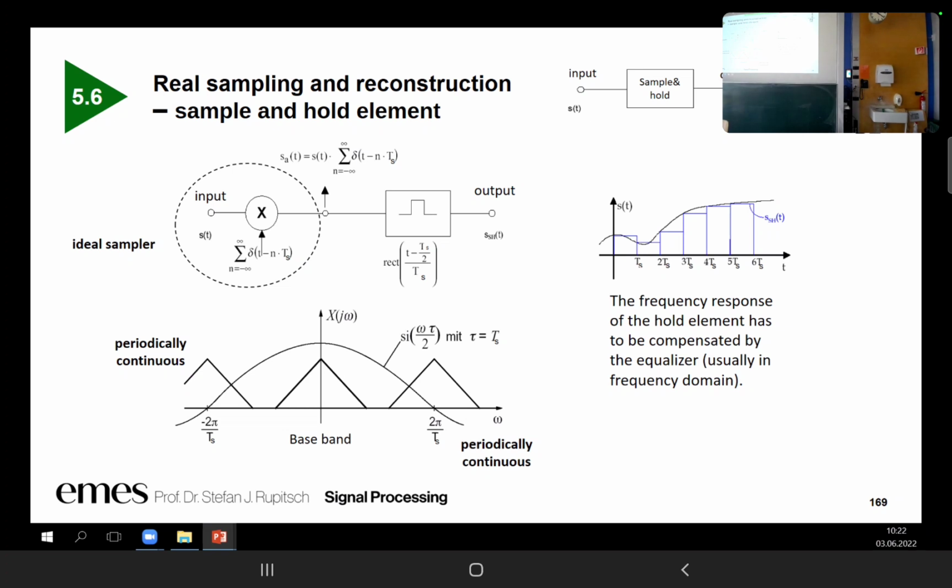Only in our theoretical world are we able to produce Dirac pulses. And the sampling works quite well with Dirac pulses, but we are not able to do this. For the reconstruction procedure, this would be all fine if you were able to generate Dirac pulses at the output of our digital to analog converter.